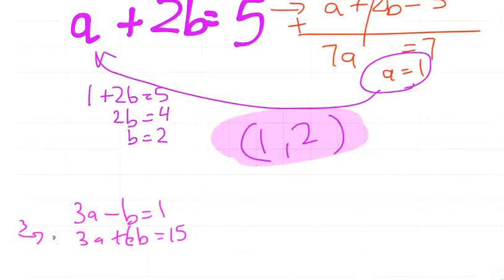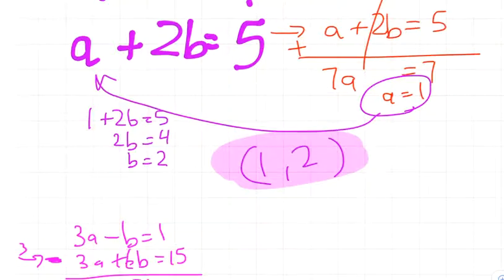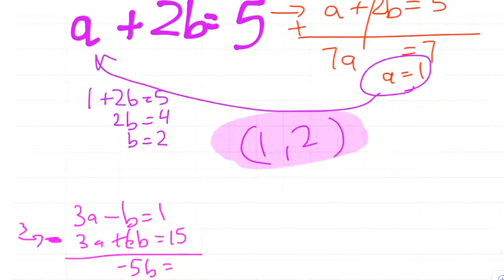And you have to make sure you subtract everything. So I would end up with 1 minus 6, negative 5b equals 1 minus 15. Which is a negative 4b.